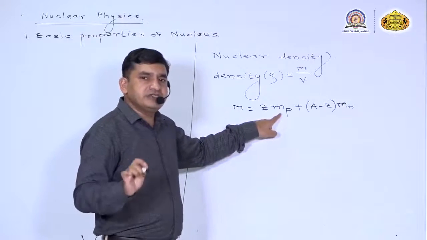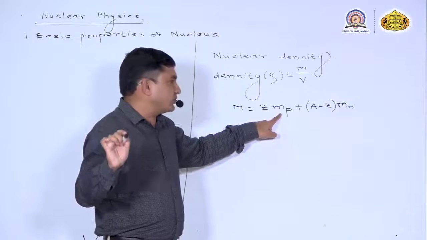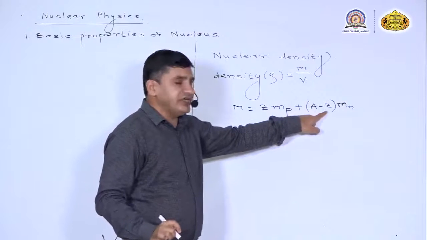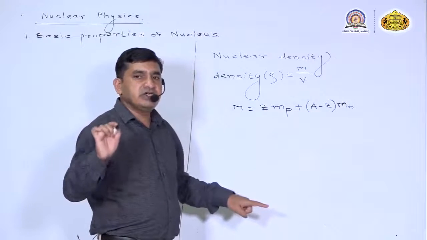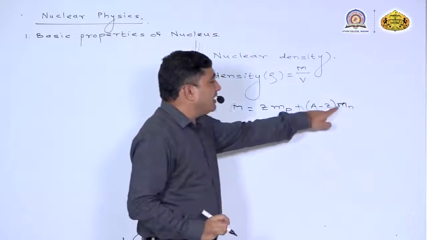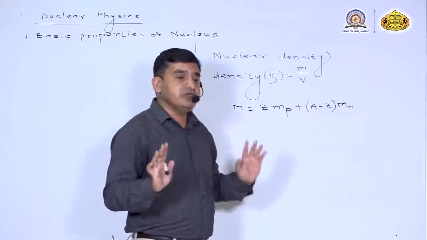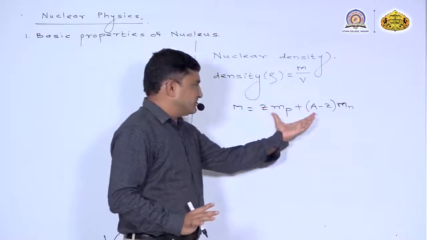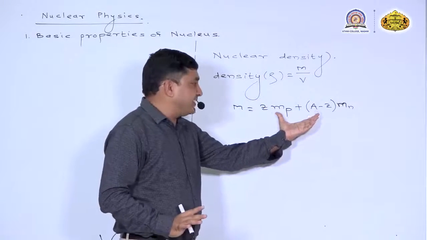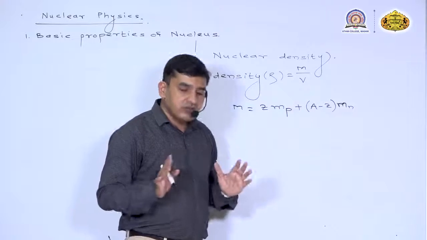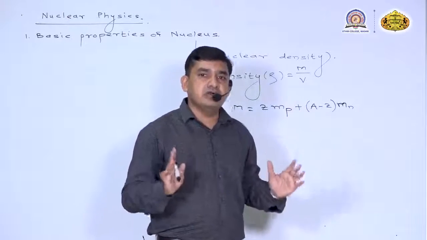Mp means the mass of a proton. A minus Z means the neutron number, and Mn means the mass of a neutron. So this represents the total mass of a nucleus.